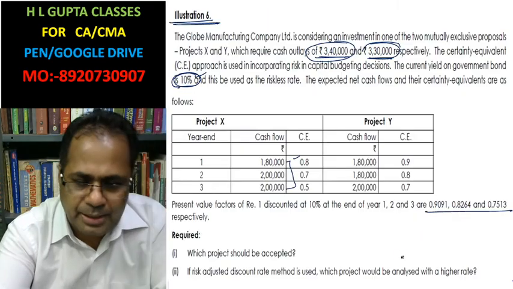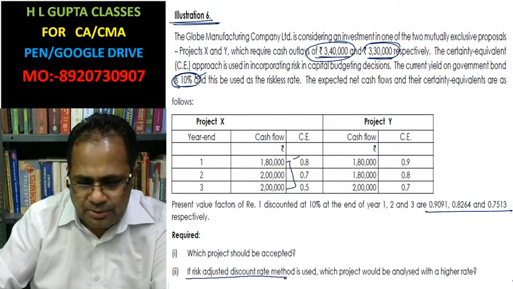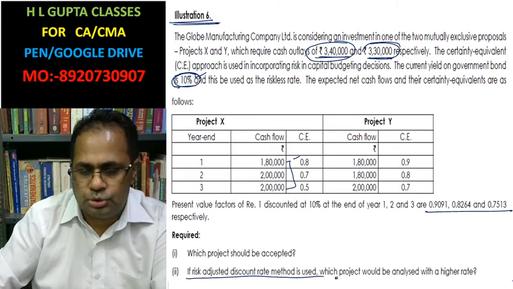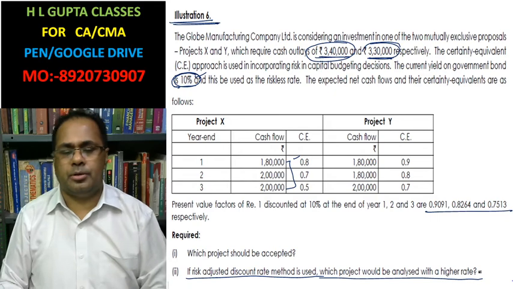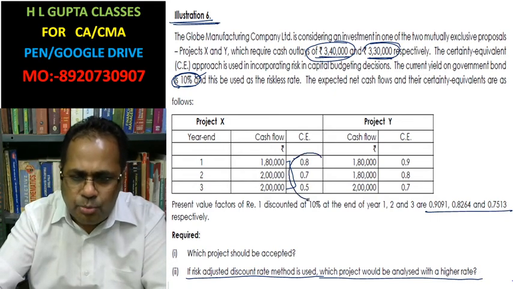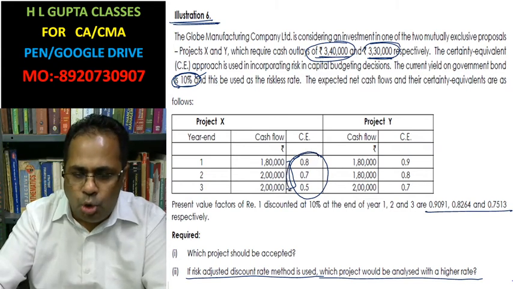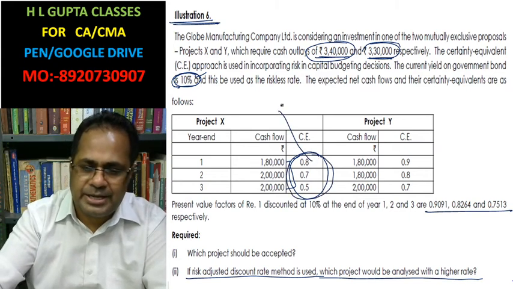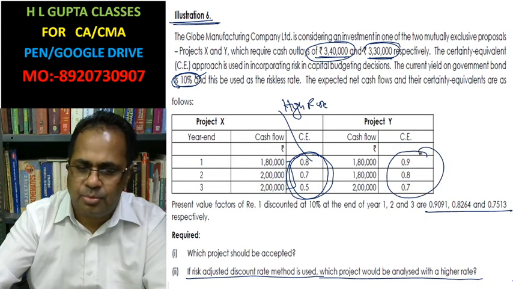Now the second part: if the risk adjusted discount rate method is used, which project should be analyzed for the higher rate? Look at it. The project having a low certainty equivalent factor has a high risk, and the project having a high certainty equivalent factor has a low risk.